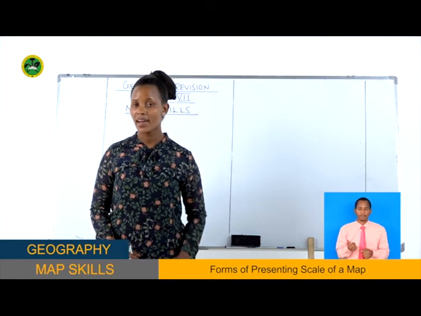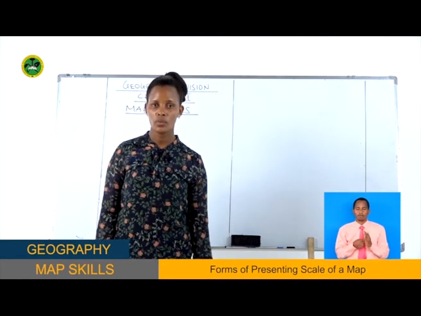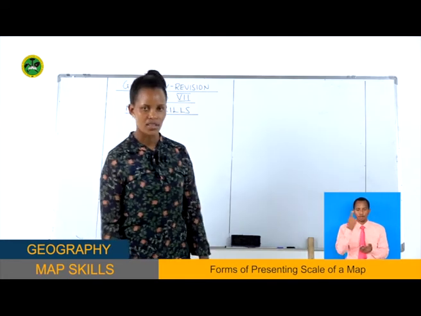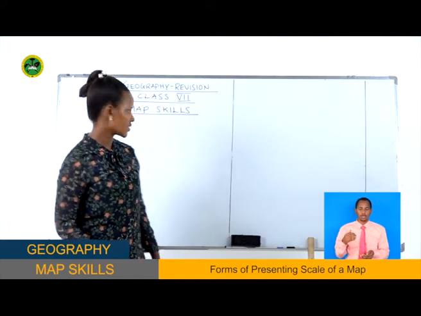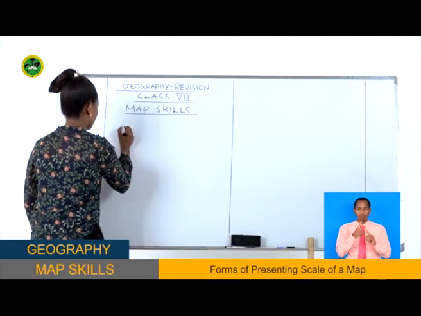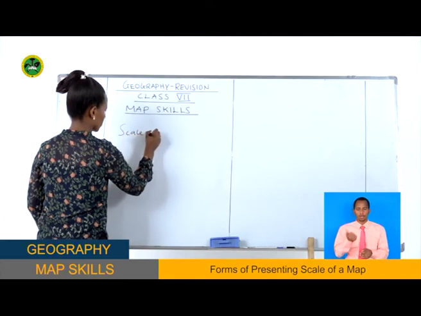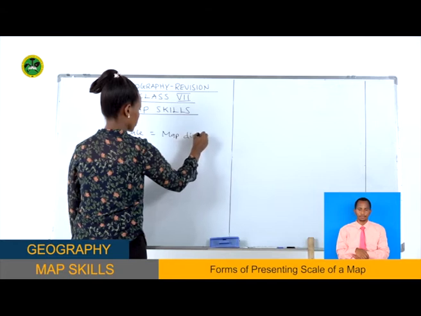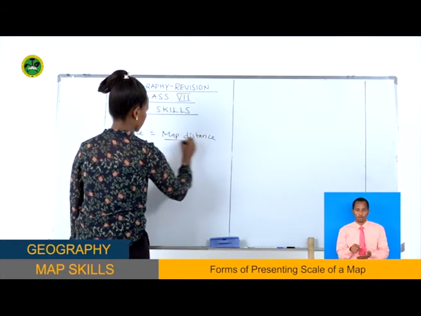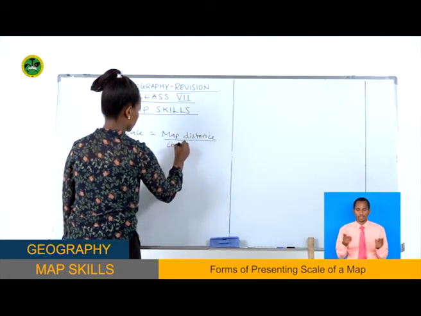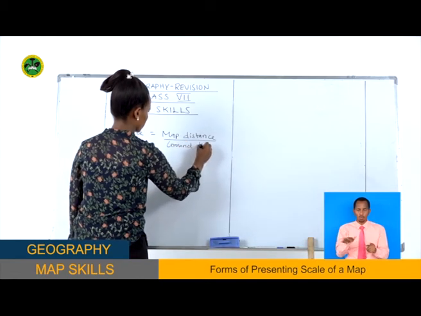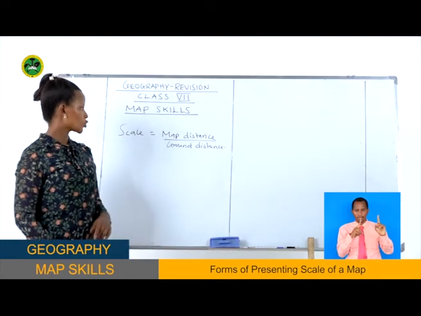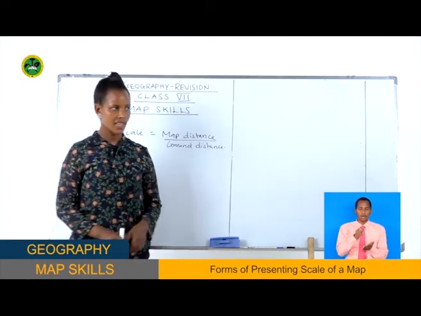As you can remember, scale means a ratio which represents map distance and ground distance. So it can be summarized as scale is equal to map distance over ground distance.